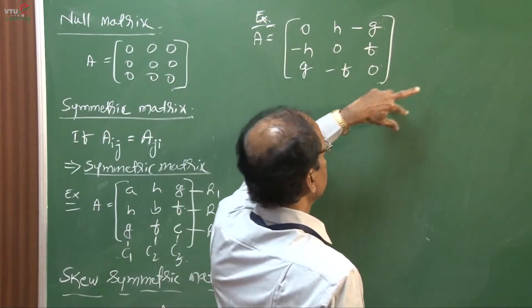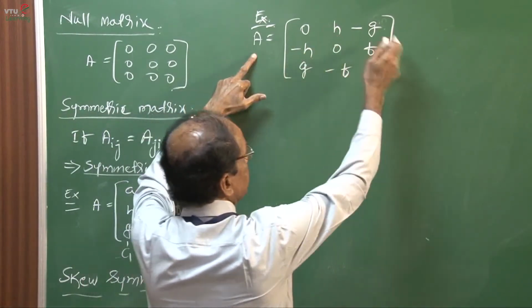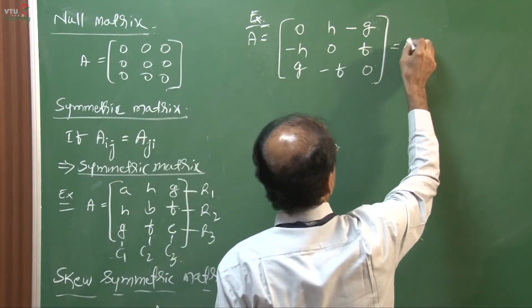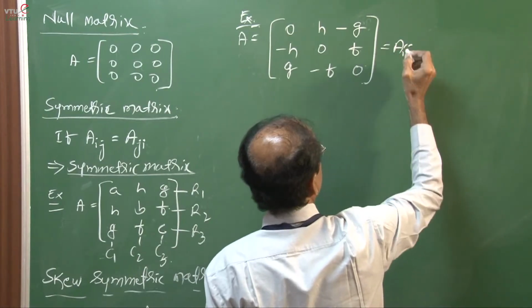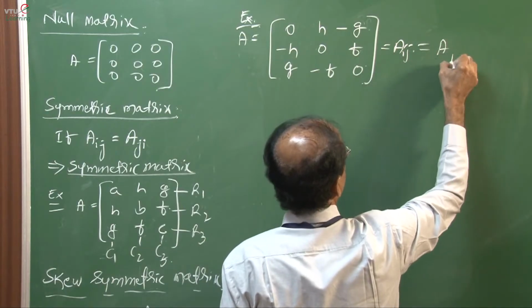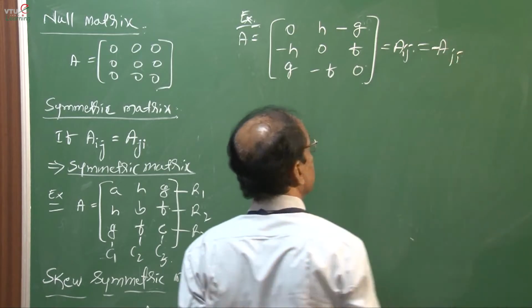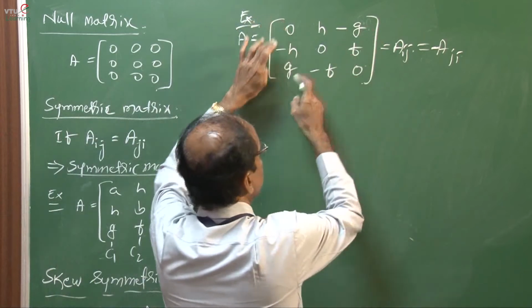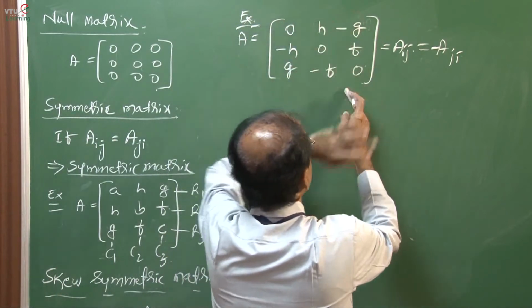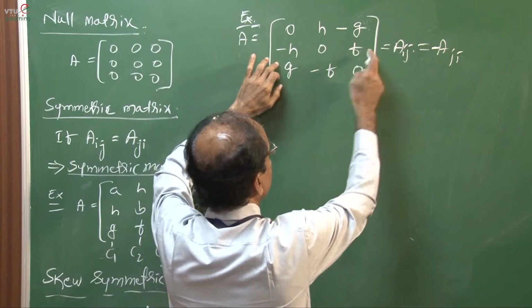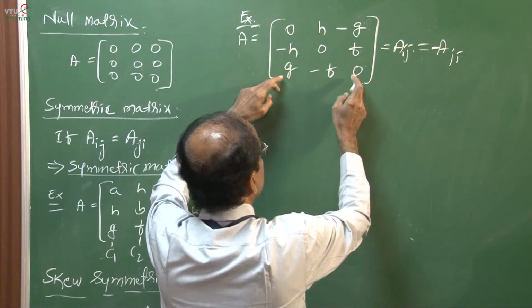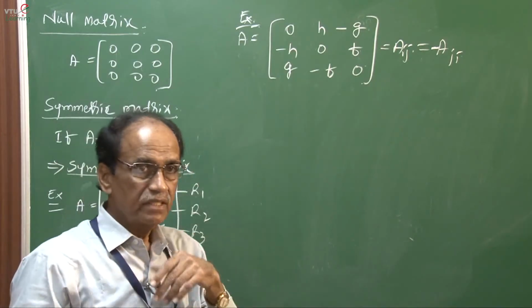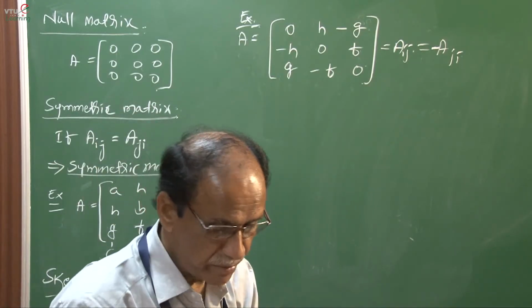This changes its sign when Aij, the elements inside, is equal to Aji with minus sign, then it is called skew symmetric matrix, because this will happen here and this second row will go in the second column and third row will go in the third column, along with minus sign. Then it is called skew symmetric matrix.